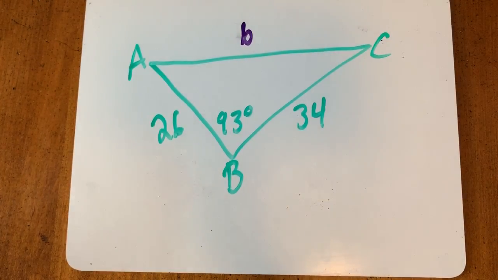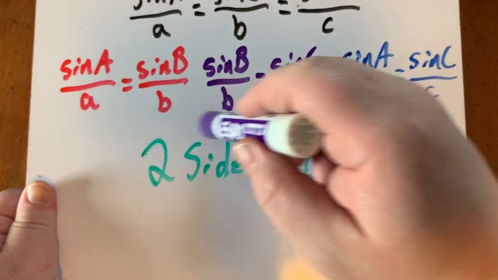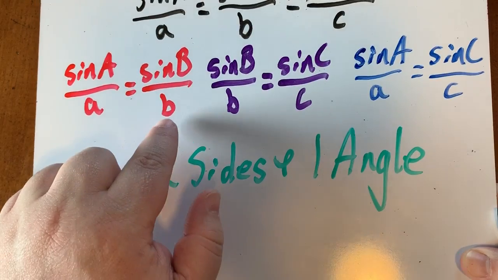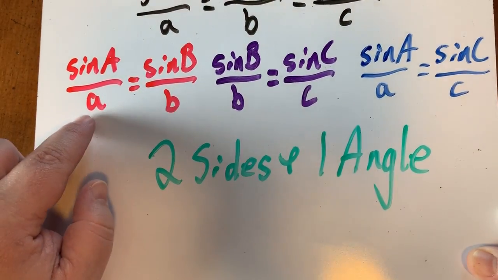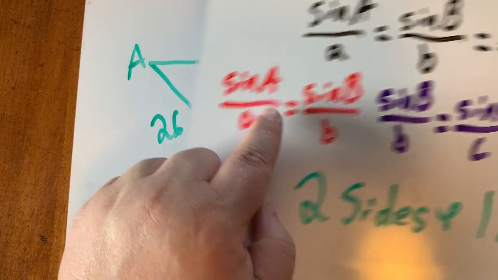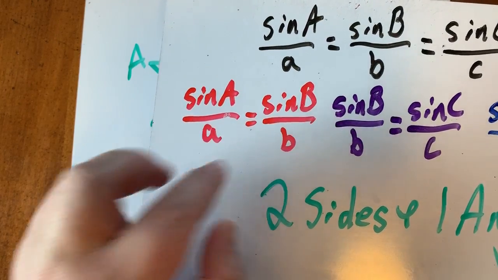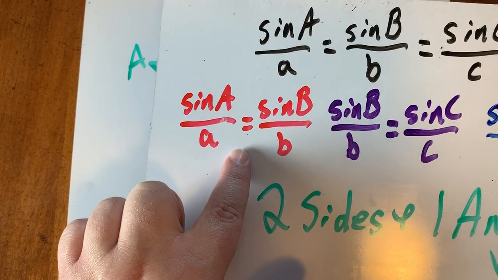So if we want to find out B, there are these two cases that have the B. Well, we have angle B, so this whole ratio will be fine. And we have side A. Side A is 34, but we don't have angle A. So we wouldn't have angle A and B, so we wouldn't have three pieces. So we can't use this one.